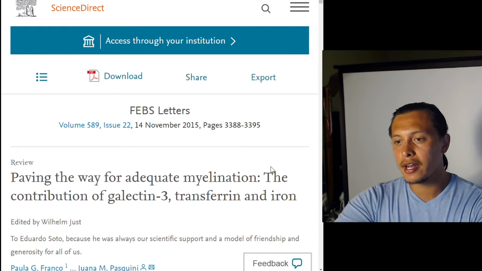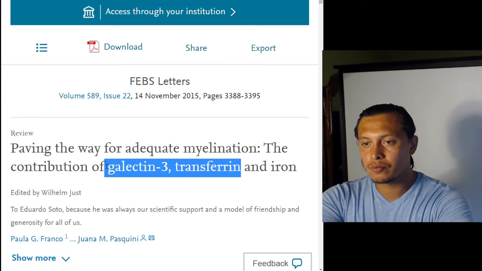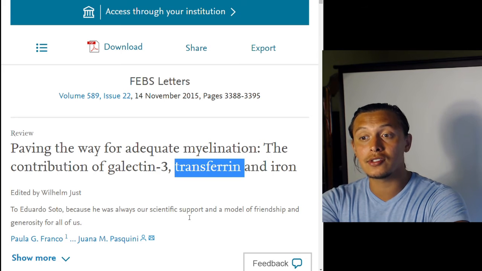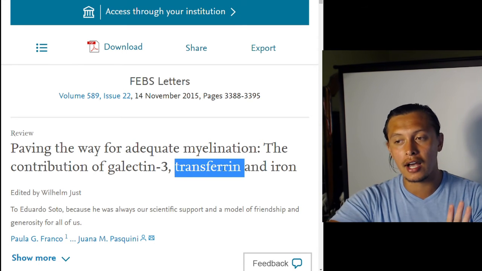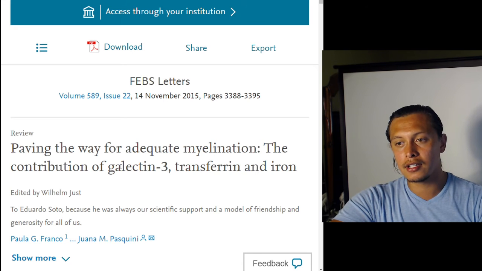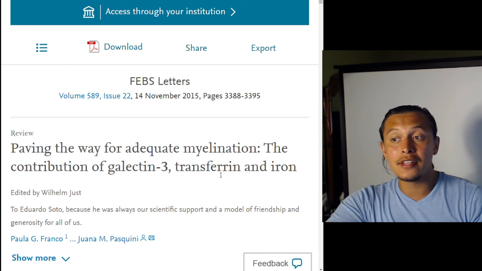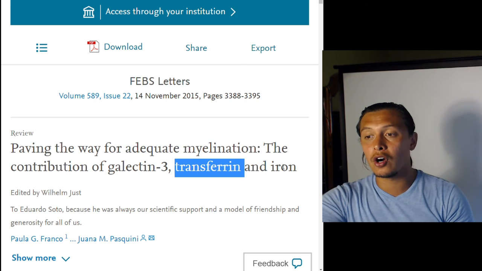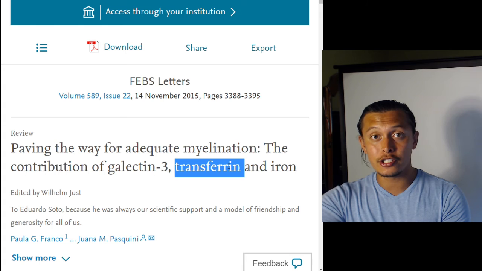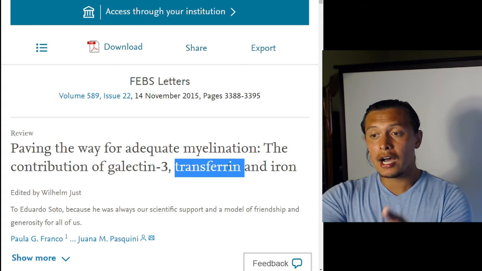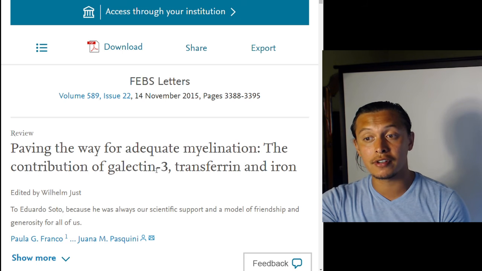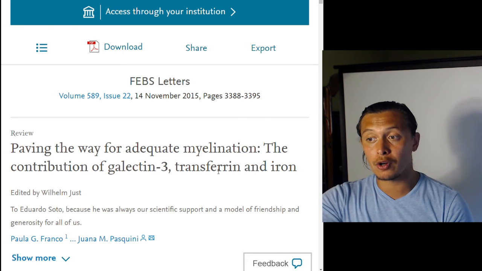Oh, another thing that I might want to talk about later is that there is a lot of influence on transferrin and Galectin 3 production, and this is actually independent of iron. So if you insert transferrin that has no iron into creatures, that transferrin is actually able to cause the production of Galectin 3 with or without iron.